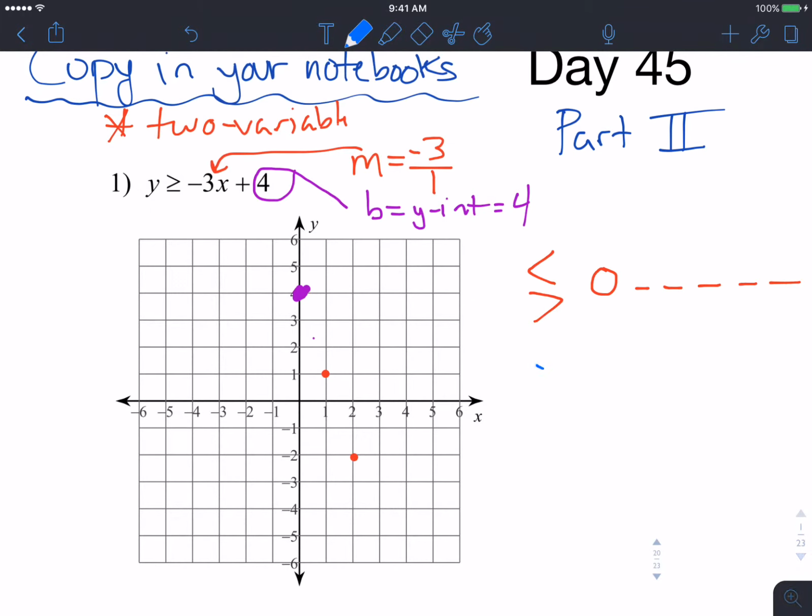If I have less than or equal to, or the equal to symbol, these get closed circles and they get solid lines. So if I look at this inequality, notice this actually belongs to that down there. So I'm going to make a solid line for this.